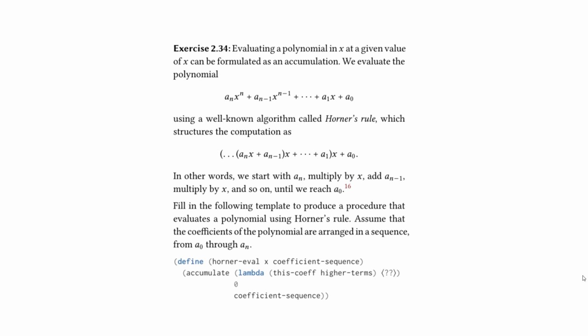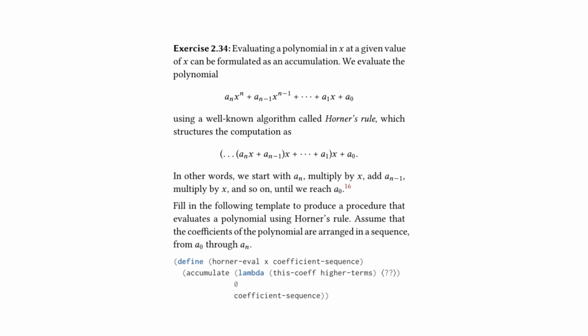Our next exercise sounds complicated when you read it, but it's actually pretty straightforward. It says evaluating a polynomial in X at a given value of X can be formulated as an accumulation. We evaluate the polynomial using a well-known algorithm called Horner's rule, which structures the computation as follows.